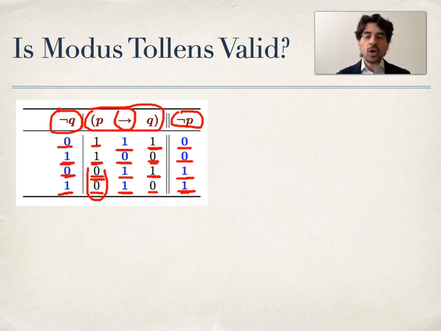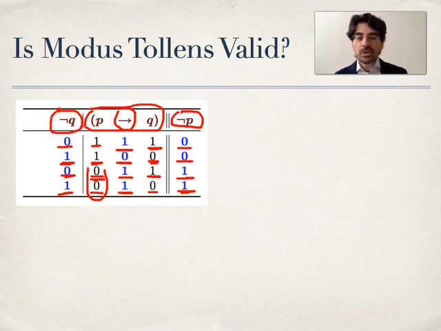So we have assigned all the truth values that we need to assign to the two premises and to the conclusion as well. And now we need to check whether modus tollens is valid. Remember that the definition of valid argument is that whenever the premises are true, the conclusion is always true. So once again, we only need to consider the cases in which both premises are true.